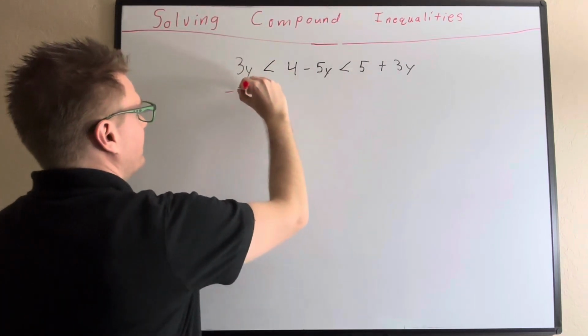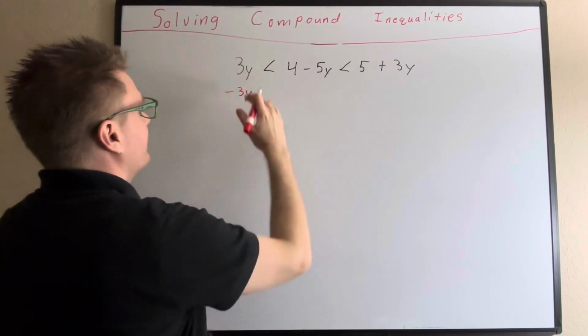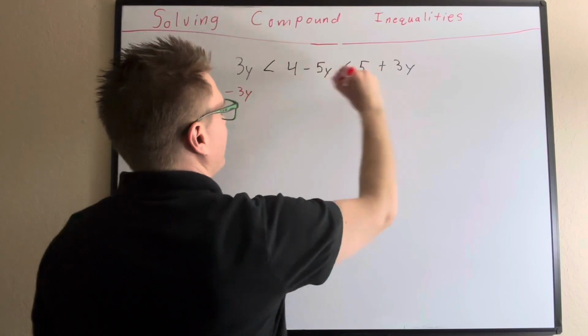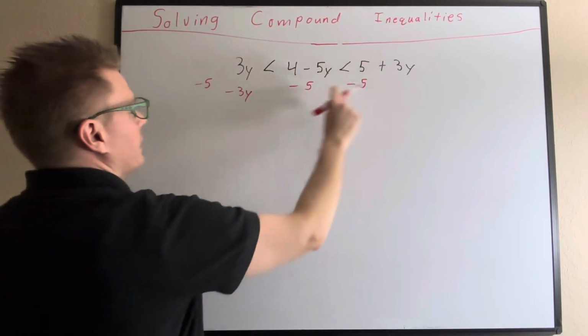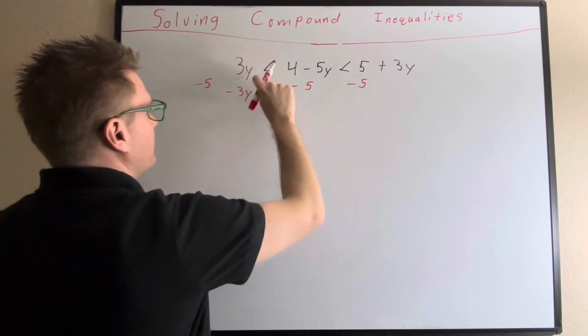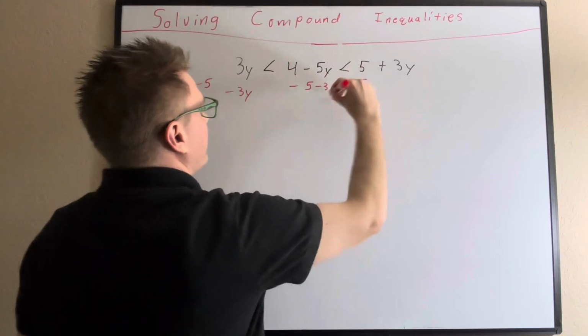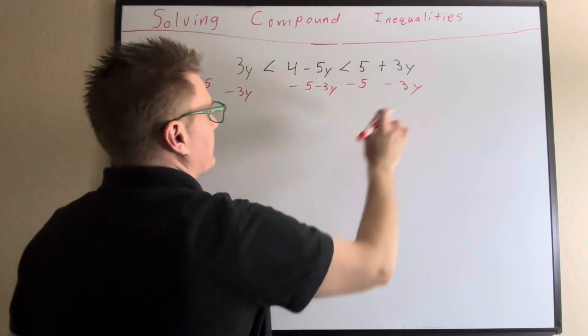We subtract 3y, and you're like, what? How could we subtract 3y? Well, it's just like this 5, right? We subtract 5, subtract 5, subtract 5. It's going to become 0, right? So 3y minus 3y is 0. But subtract 3y here, subtract 3y here as well, and that will become 0.